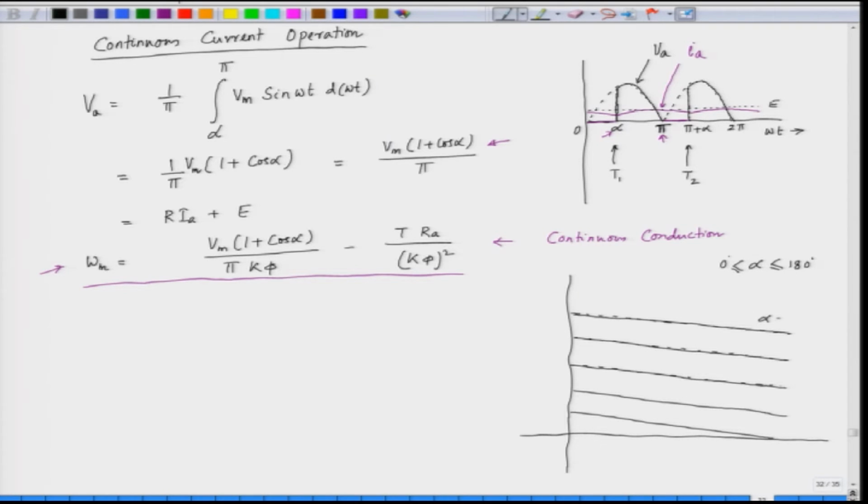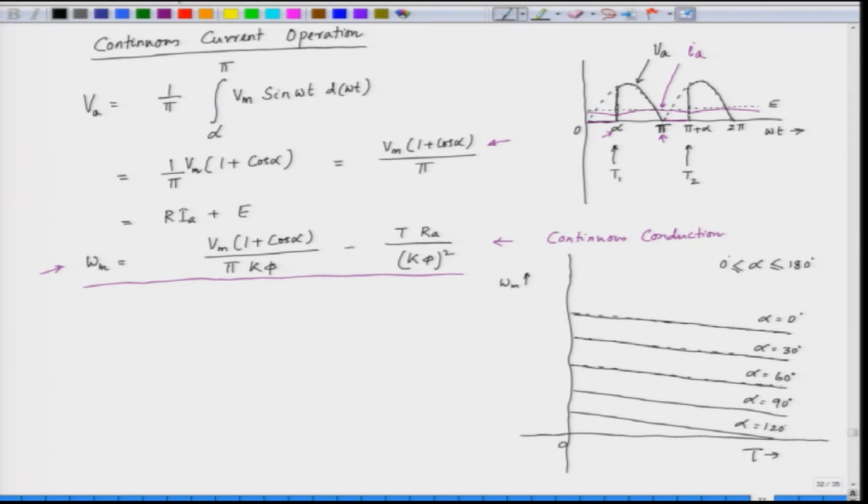Let us say this is alpha equal to 0, this is alpha equal to 30 degree, alpha 60 degree, alpha 90 degree, alpha 120 degree and so on. As we have already seen, this is the speed on the y axis and torque on the x axis.